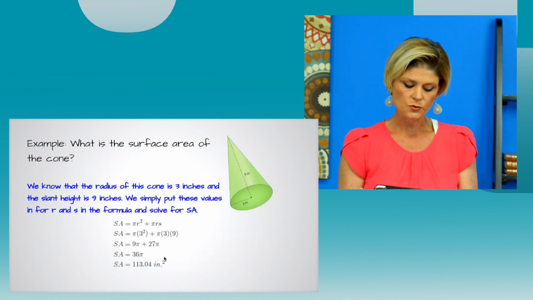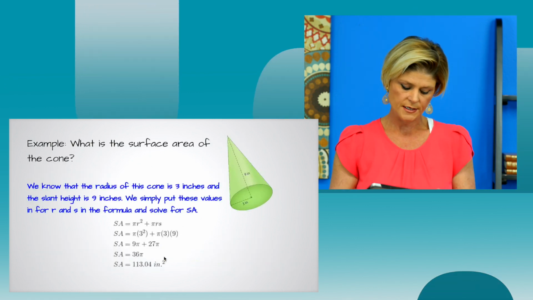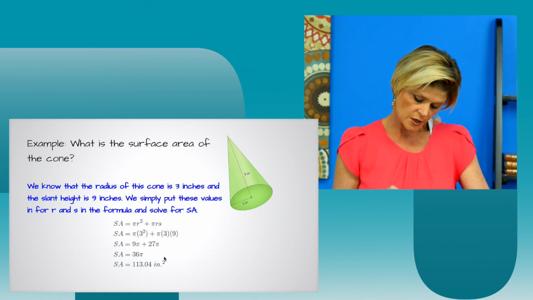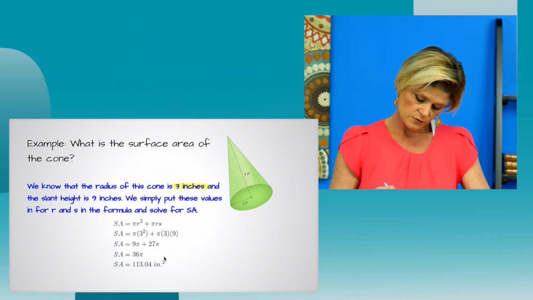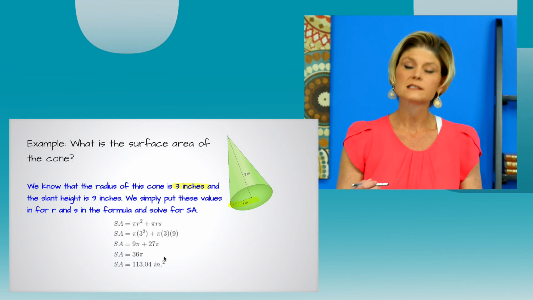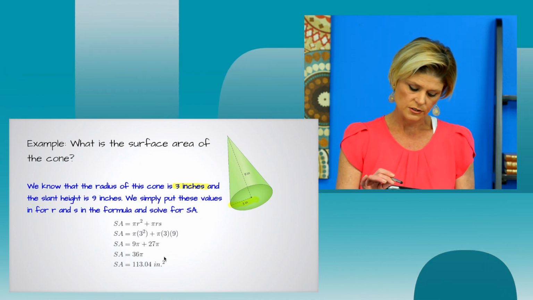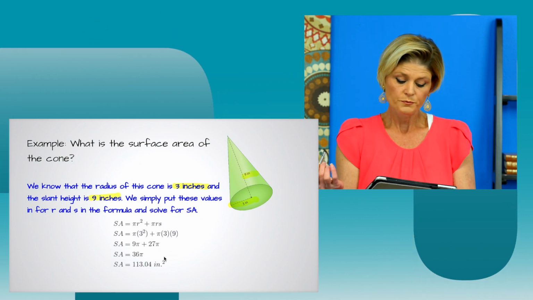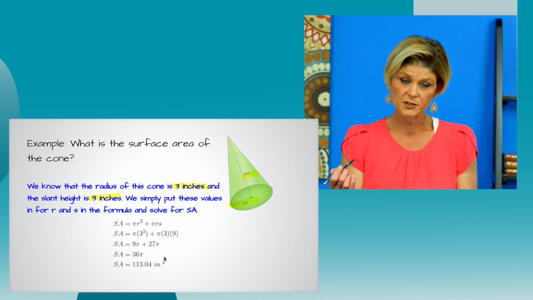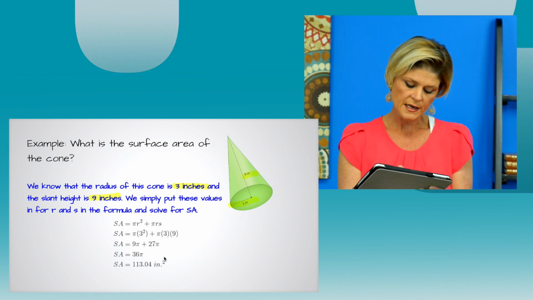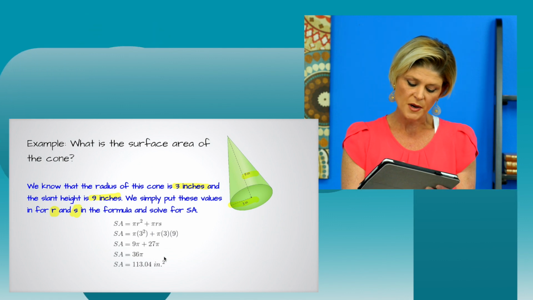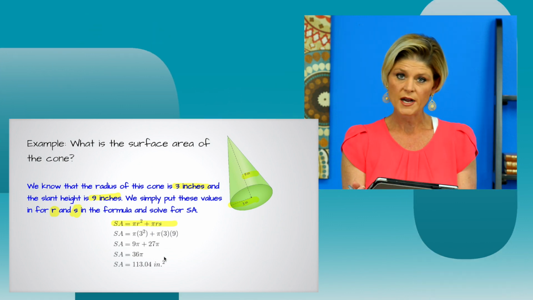So let's try one of these. What is the surface area of this cone? All right, well, we know that the radius of the cone is 3 inches, right there, and that the slant height is 9 inches. So basically all we have to do is put these values in for r and s, and we can solve for surface area. So the surface area is pi r squared plus pi rs.